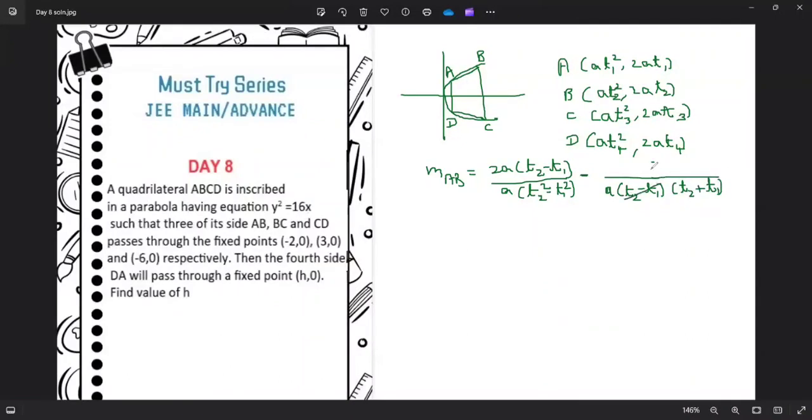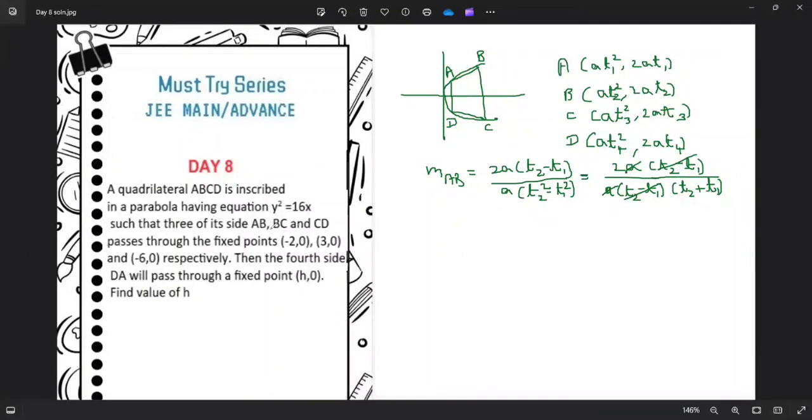The t2 minus t1 cancels with the numerator, and the a also cancels. So we get the slope of such a chord in the parabola to be 2 by (t2 plus t1), where t1 and t2 are its parameters.